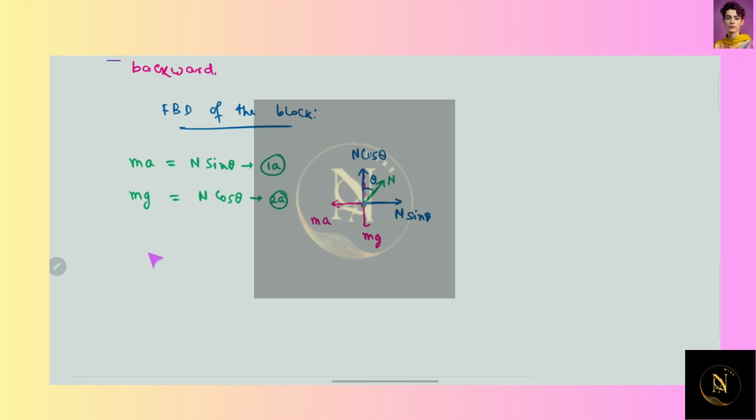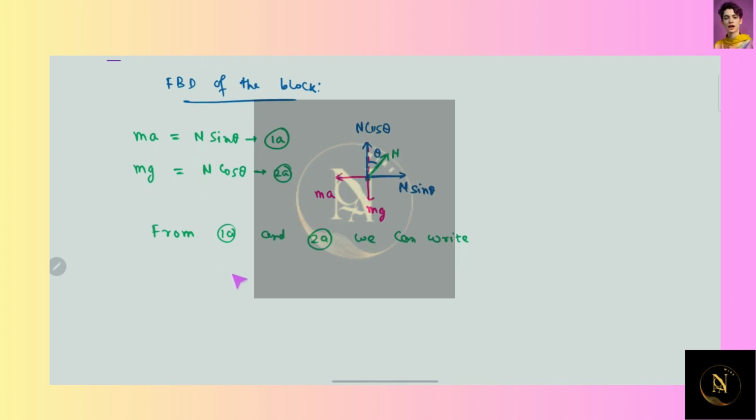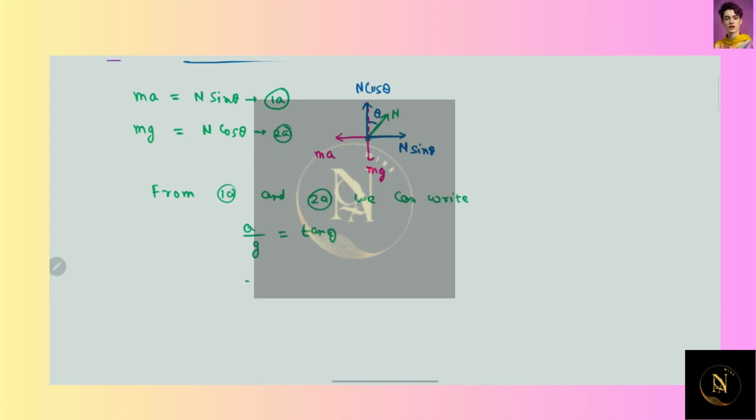From 1a and 2a, by dividing 1a by 2a, I'll get a by g as tan theta, or theta has to be tan inverse of a by g. So this should be the angle of inclination for this inclined plane.